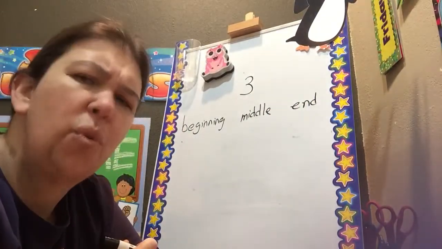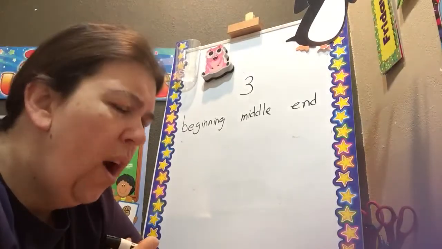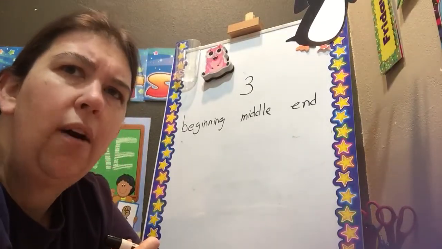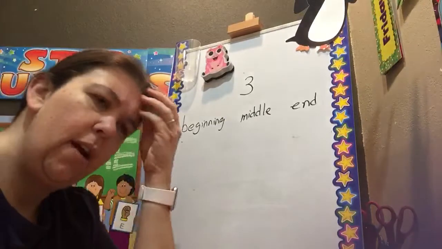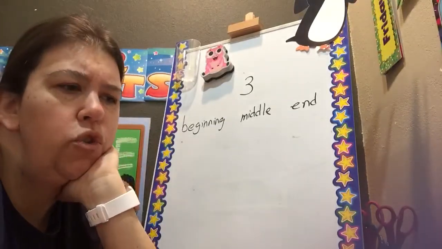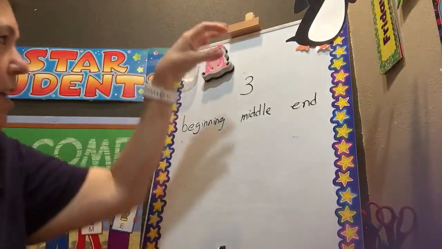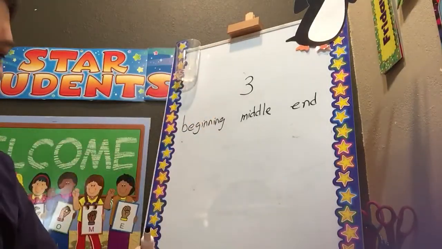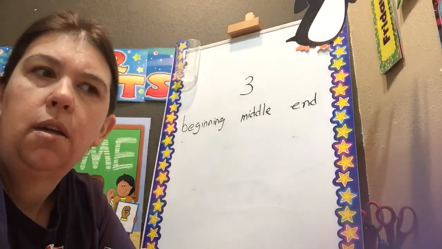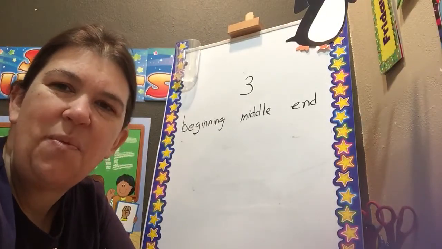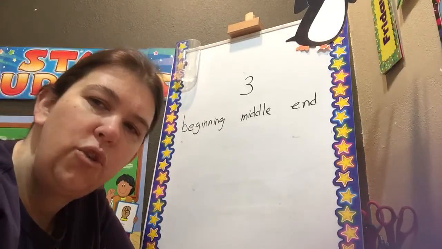All right, now the really tricky questions. What do we usually talk about at the beginning? When we write a narrative story, what do we usually focus on at the beginning? What are those story elements? If you remember, my story elements are my characters, my setting, my conflict, my resolution.